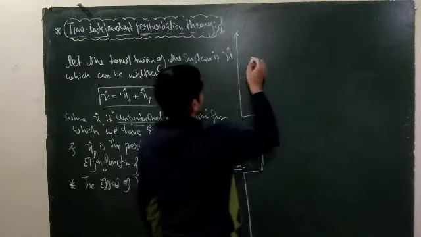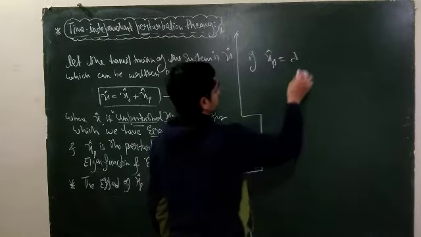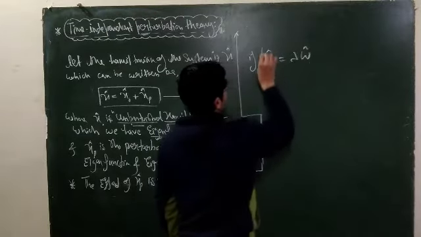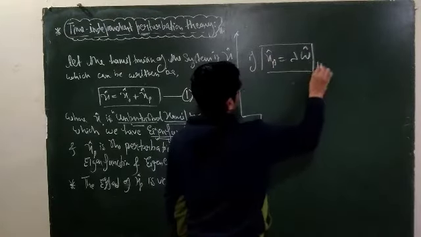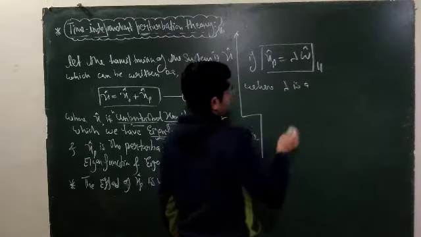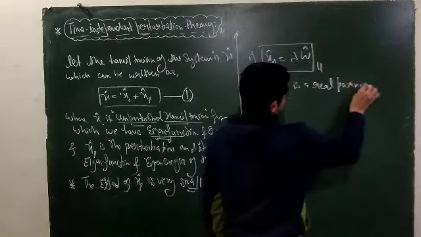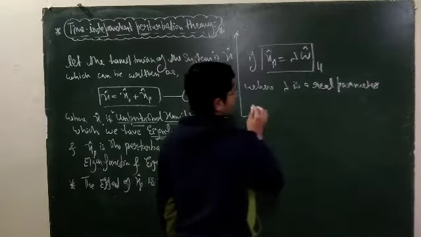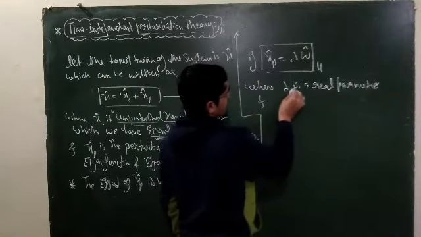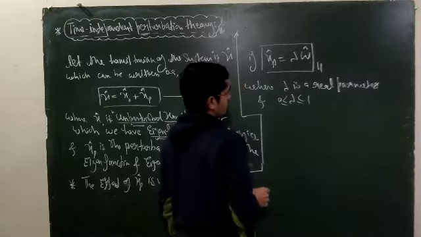So if HP is lambda times some other Hamiltonian W, where lambda is a real parameter whose value is between 0 and 1, right?